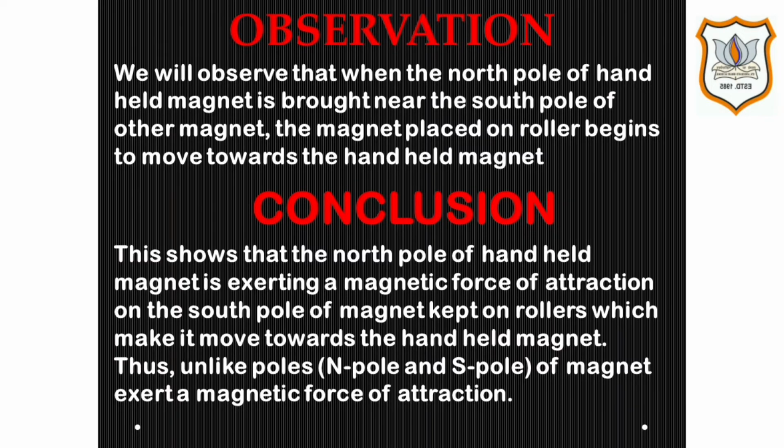The conclusion is that the north pole of the hand-held magnet is exerting a magnetic force of attraction on the south pole of the magnet kept on rollers, which makes it move towards the hand-held magnet. Thus, unlike poles, that means north pole and south pole of magnets, exert a magnetic force of attraction.